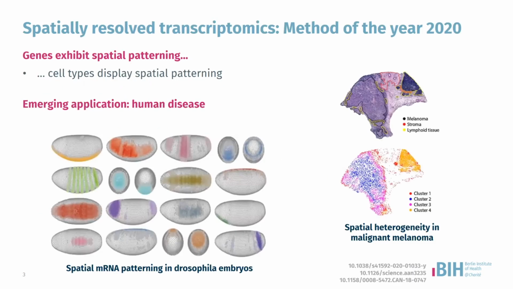So quickly to get you reintroduced, I'm sure I don't need to motivate this crowd with regards to the importance of spatial transcriptomics methods. So this won Nature Method of the Year back in 2020, and spatial patterning of gene expression plays an important role in normal development, as shown in this really beautiful image of the Drosophila embryo, where each one of these images shows spatially localized gene expression in a different color.